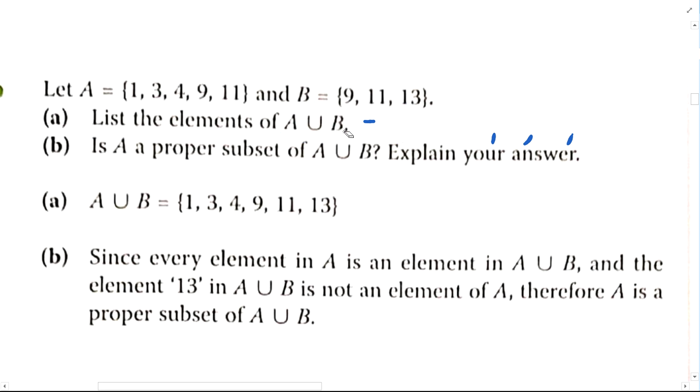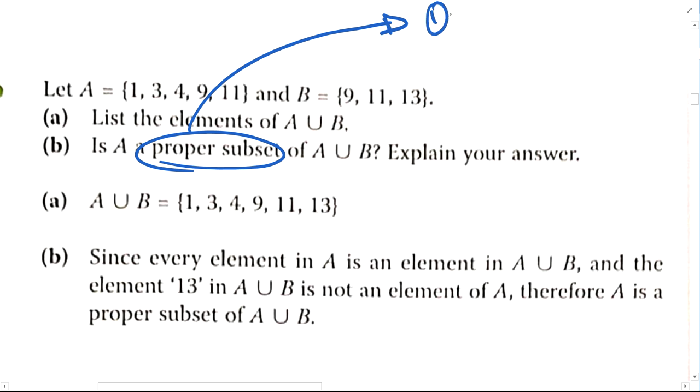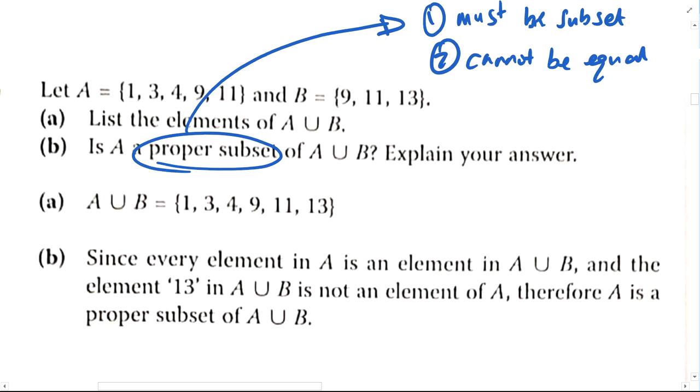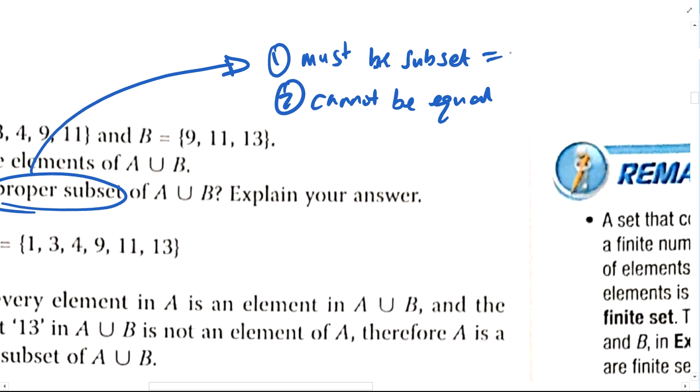Is A a proper subset of A union B? Again, proper subset: first thing, it must be a subset. Number 2, cannot be equal. What does must be a subset imply?